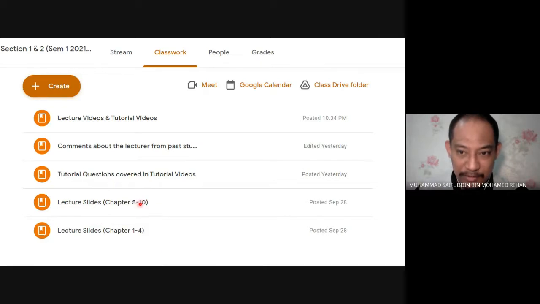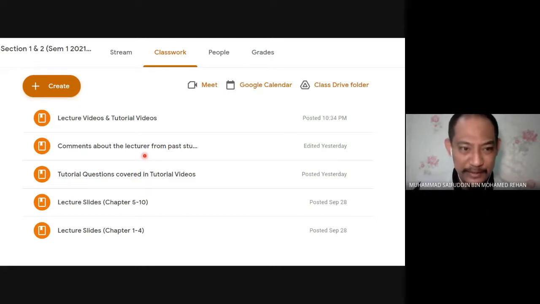The slides are already there. The slides are what the lecture coverage is based on. These are the tutorial questions, where the tutorial recordings answer those questions. So you can see the question first and see which recording you may need if you do not know how to solve any particular question.